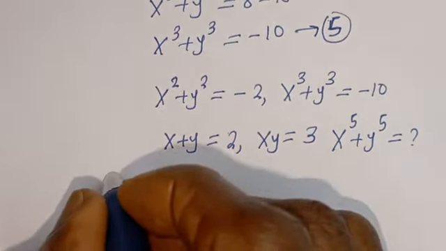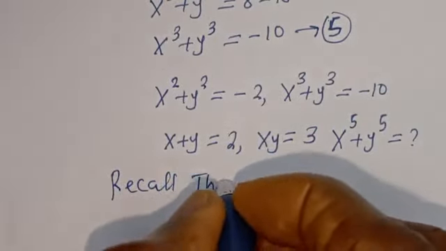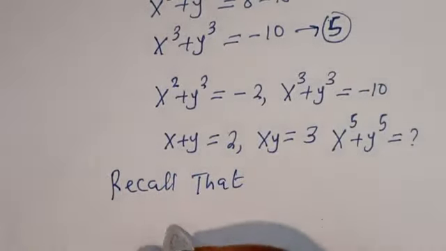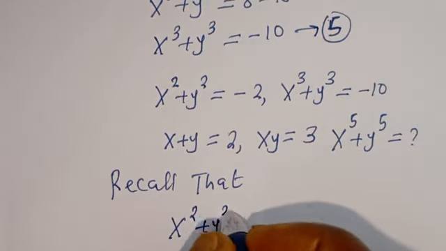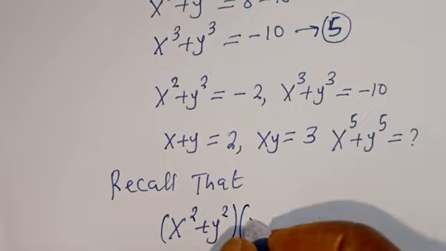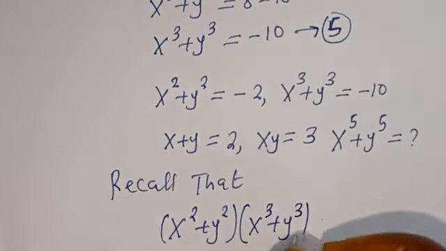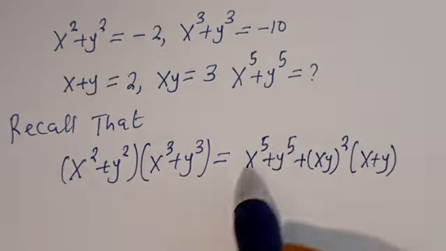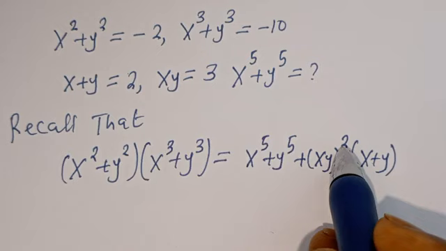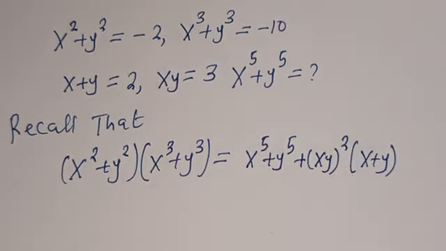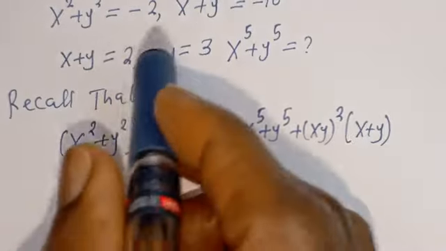But recall that x square plus y square bracket x to the power of 3 plus y to the power of 3 is equal to x to the power of 5 plus y to the power of 5 plus xy all square bracket x plus y. Then we know that x square plus y square is equal to minus 2.